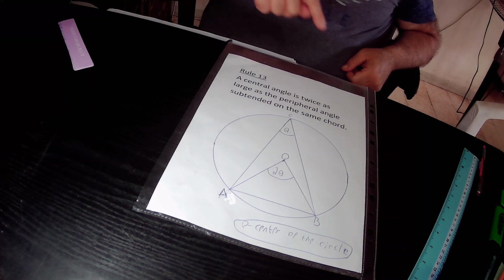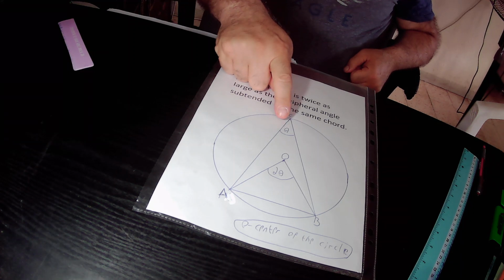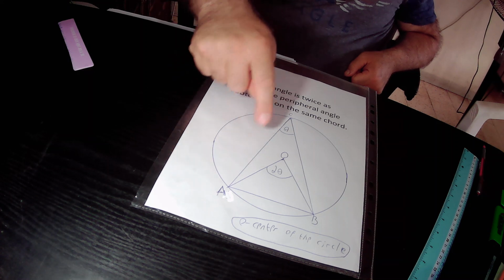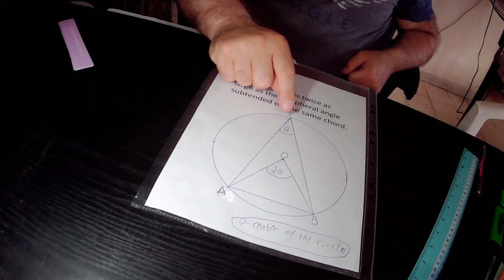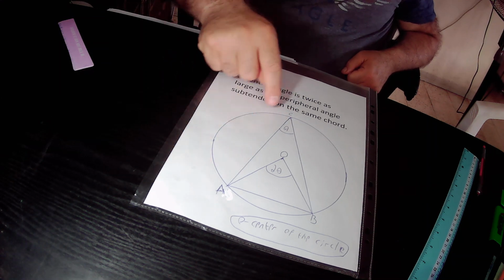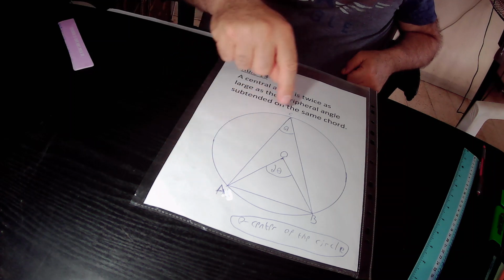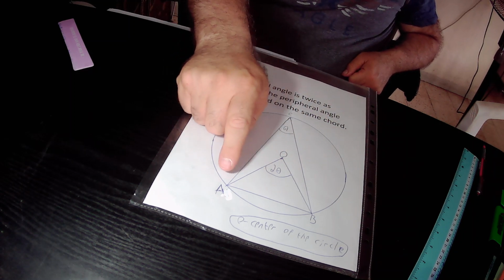So at the moment we have a circle. Inside this circle we have peripheral angle ACB. The size of this peripheral angle ACB is theta, and this peripheral angle ACB is subtended on chord AB.